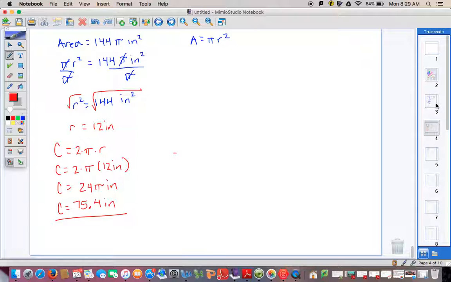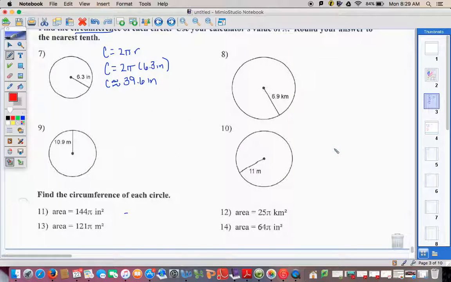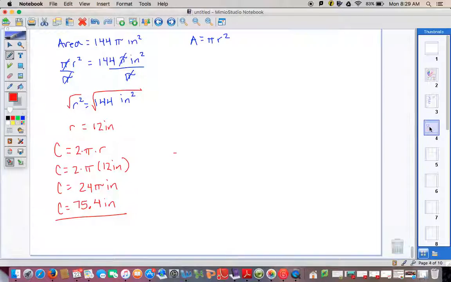Okay, let's try one more of those. Let's try 13. The area is 121 pi meters squared. Again we're going to start with the formula pi r squared equals 121 pi meters squared.